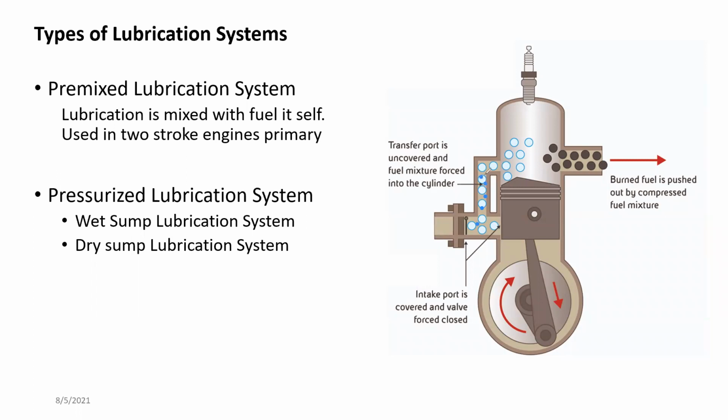The fuel and lubricant are mixed before they come into the combustion chamber. When it comes to the combustion chamber, it is a mist, since the lubricant is not coming as a complete flow but is mixed with the air.